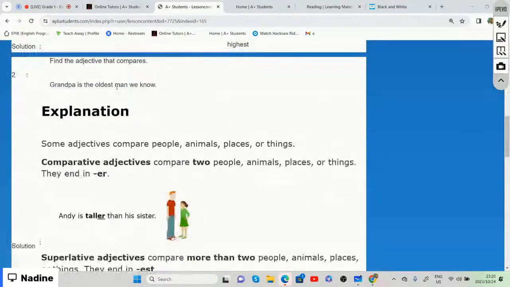Grandpa is the oldest man we know. We need to find the adjective that compares. What is the adjective that compares within that sentence?